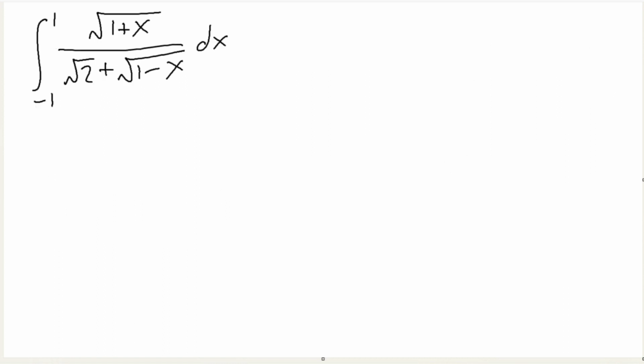This looks weird. This looks very weird. What do we do here? I see that we have 1 minus x, 1 plus x. The best way to get rid of the radical like this is to use x equals cosine 2 theta. Then dx is equal to negative 2 sine 2 theta.